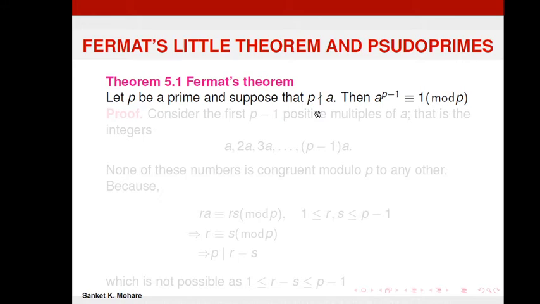Suppose 7 is a prime number and 7 doesn't divide 8, then 8 to the power 7 minus 1, that is 8 to the power 6, is congruent to 1 modulo 7.